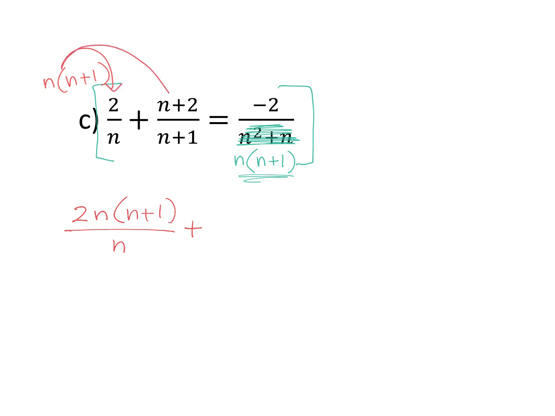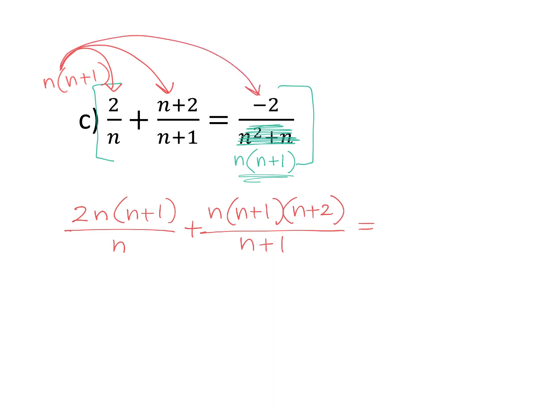Now go to the second one: n times (n plus 1) times (n plus 2) over n plus 1 equals, now take it to the -2, -2 times (n plus 1) over n times (n plus 1).